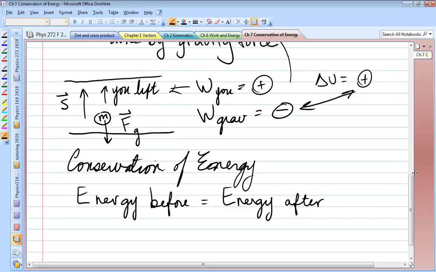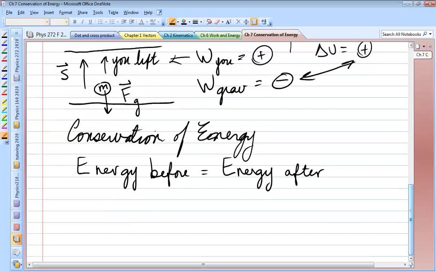It's fallen down, it's hit a spring, it's gone along a rough surface, something has happened to it, it's moved, almost always moves. So you add up all the energy before and you get the energy after. And this sum is just all the types of energy that it has. So far we know about kinetic, we know about gravitational potential, and in a second we're going to know about elastic potential.